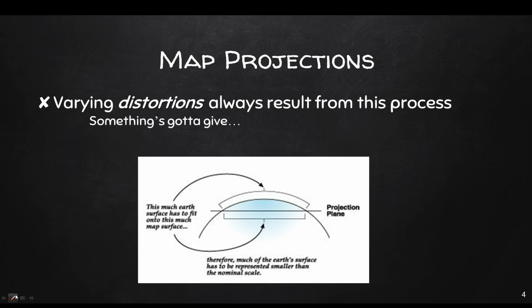An ellipsoid can't be flattened onto a plane any more easily than a piece of orange peel can be flattened. It's going to rip, stretch, scrunch, or all three of these. Therefore, representing the Earth's surface in two dimensions causes distortion in either the shape, area, distance, or direction of the map data.